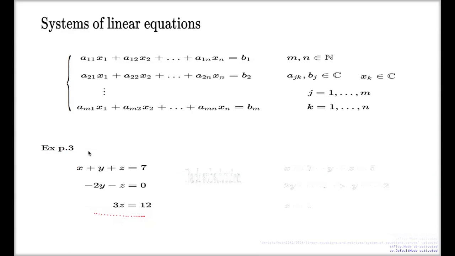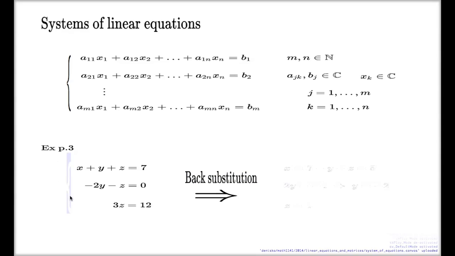Because if you have a system like this, you can solve it straight away. And actually, the method of solving it has a name, a good name to remember. It's called back substitution. So if you have a system in this form, you can easily back substitute. This is just the abbreviation to say you can easily solve for every unknown, because from the last equation you will have z equal 4. Then you back substitute your z in here, and you will have 2y equal -4, or y equal -2.